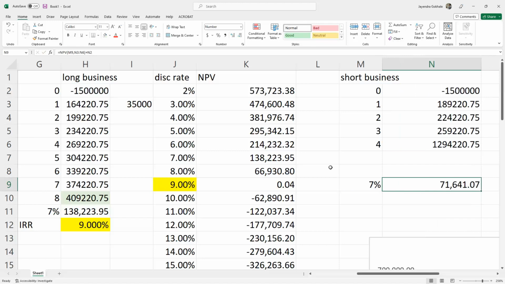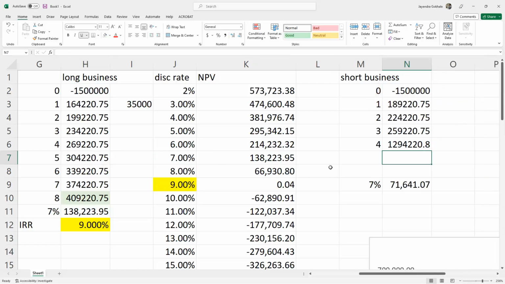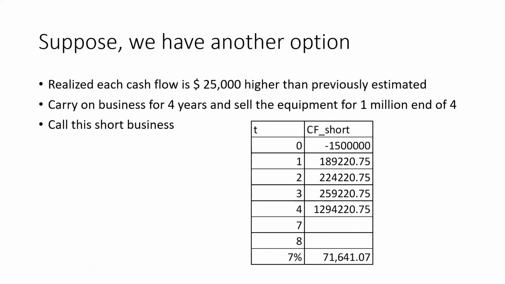Good. So the new present value is only $71,000. And here it was $138,000. So short business is seemingly not profitable. Really? We'll see.